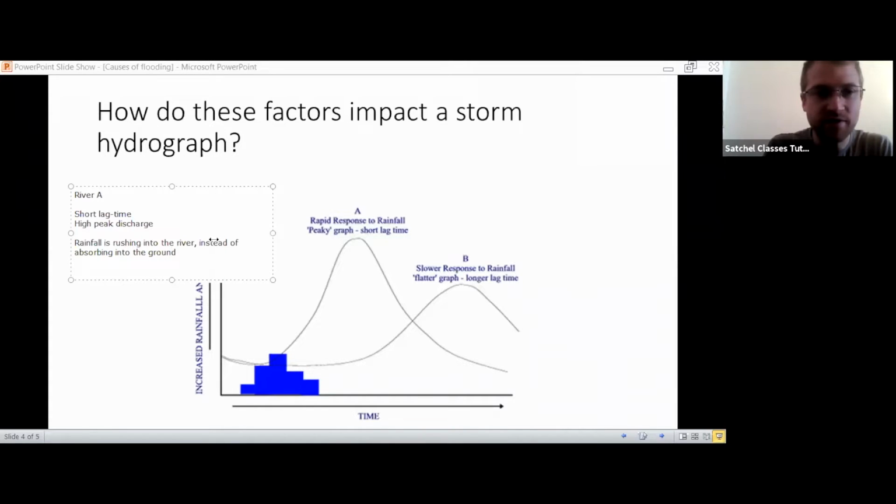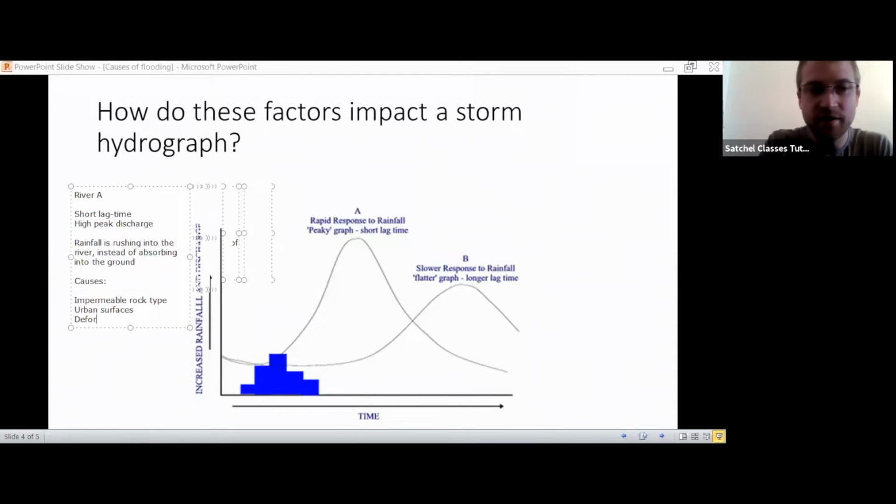And the reason we have that, as we mentioned before, the causes were impermeable rock type like granite. We've got urban surfaces, tarmac, concrete that won't let water in. Deforestation or less trees, which means the water will travel faster into the river.